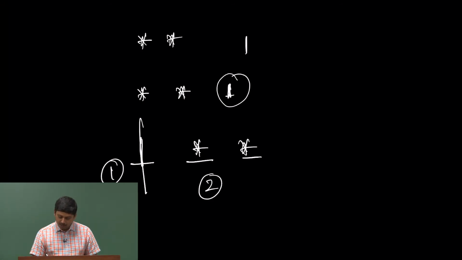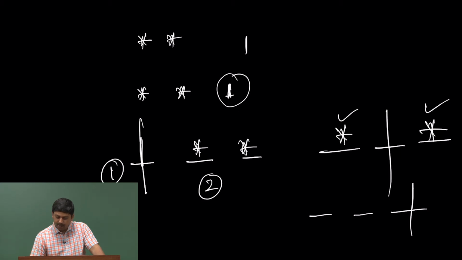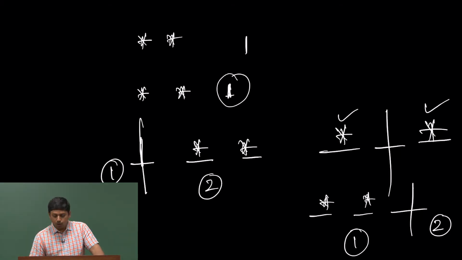Similarly, I can put my bar in the middle, then each box will have some units of energy, or you can say that if stars are units of energy, then particle number 1 has 1 unit and particle number 2 has another unit of energy. And if I put my bar at the end, then particle number 1 will have 2 units of energy and particle number 2 will have 0 units of energy. So, you see that in 3 spaces, wherever I put my bar, accordingly that will work.